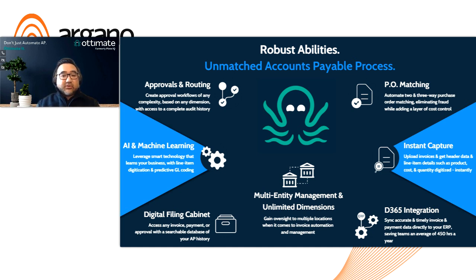Once invoices are in our system, we do the AI machine OCR and pick up all the header, footer, and line items if it's a PO-based invoice, and we do the matching. Once things are matched, or if there's any discrepancies, it can go through an approval workflow that is very configurable based on your requirements.